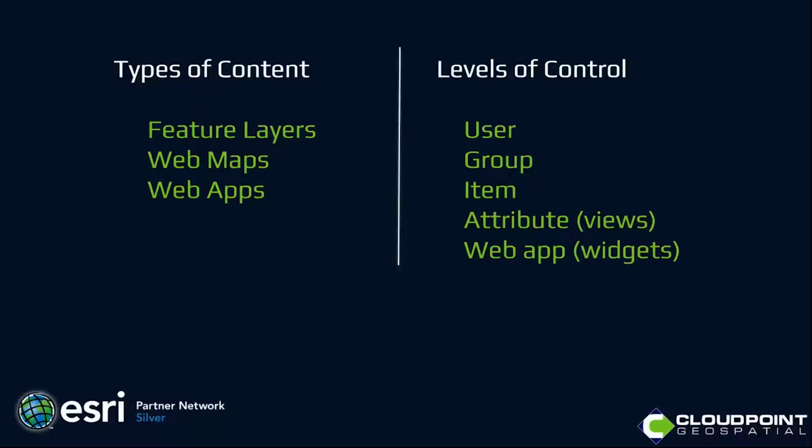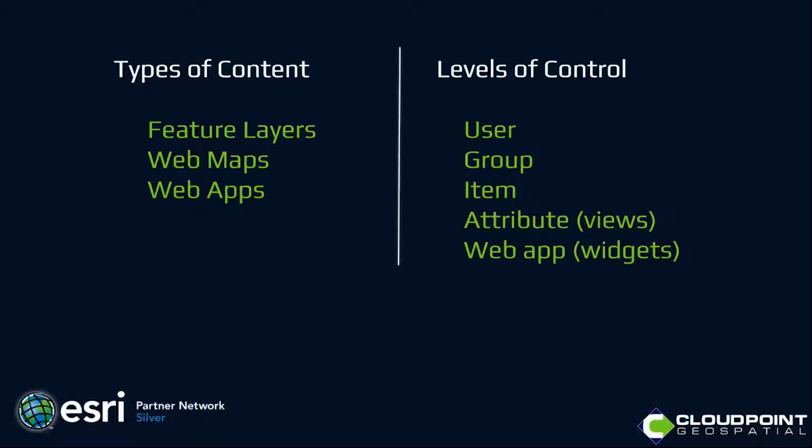So when I talk about being organized, someone's got to be in control of that data and who's using it and how they're using it. So there's lots of levels to that. I don't even think we're going to get through all of these today, but you've got levels at the user level. You can control what they can do. There's groups that we'll talk about. You can control the way people see data through groups.